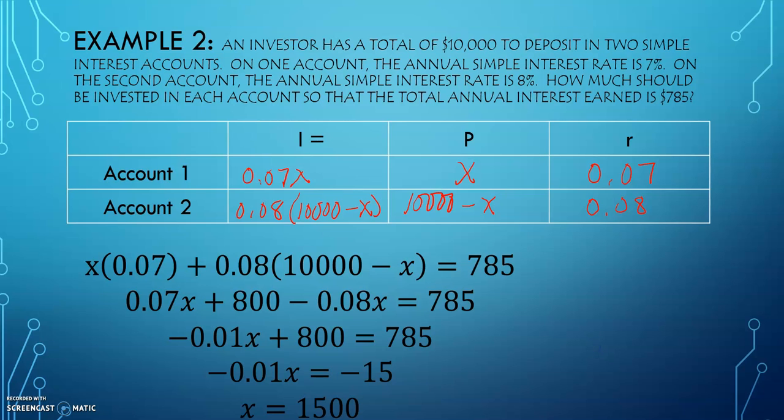x equals $1,500. So that means account 1 is $1,500 for our principal, and account 2 is $8,500.